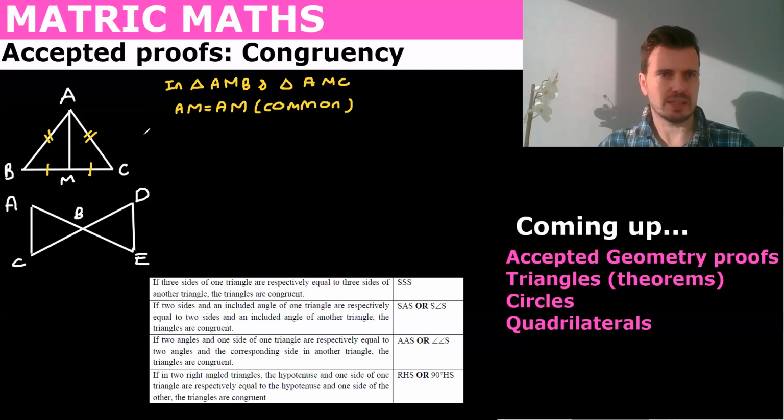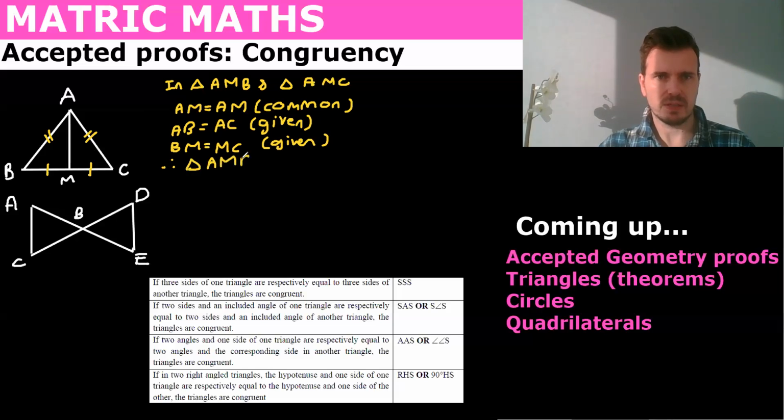And we would say that AB equals AC given, and BM equals MC given. Therefore, triangle AMB congruent to triangle AMC, and you simply just put side, side, side. So that's this one done in yellow.